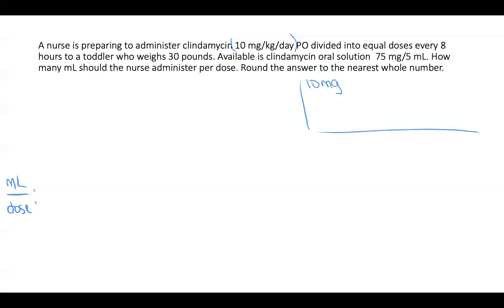So 10 milligrams over kilograms per day. Okay, we need the weight of the patient, which is 30 pounds. And we need what we have available, which is 75 milligrams per 5 milliliters.